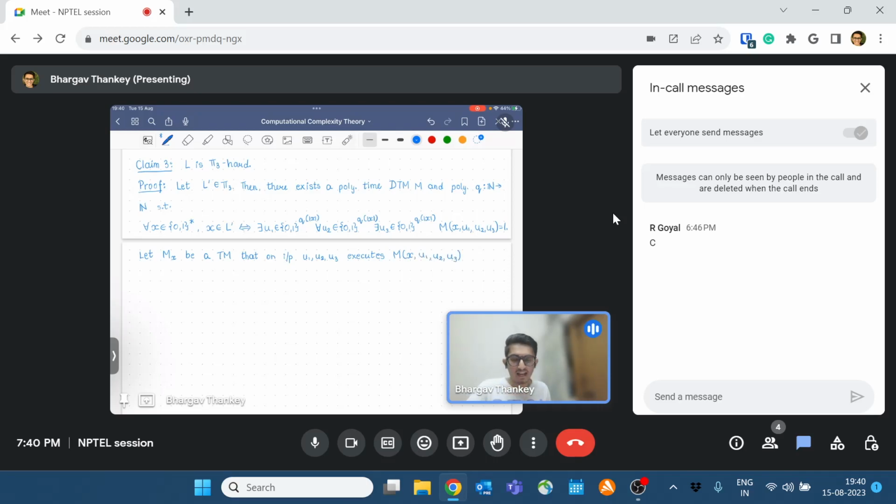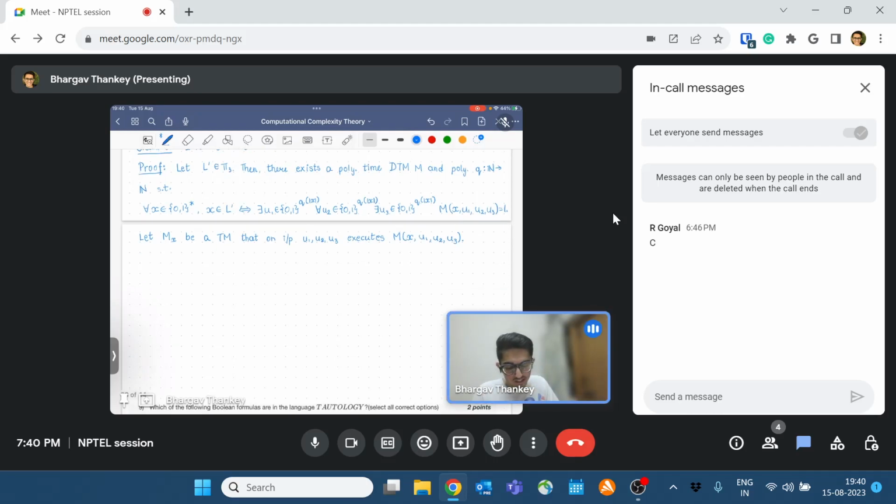So basically Mx is just M with x hardwired into it. So it only needs to take three inputs, not four, right? Yes. Now using the ideas in the proof of the Cook-Levin theorem.